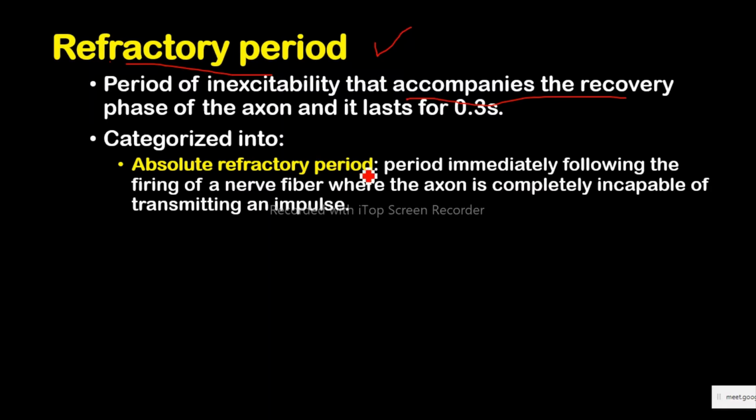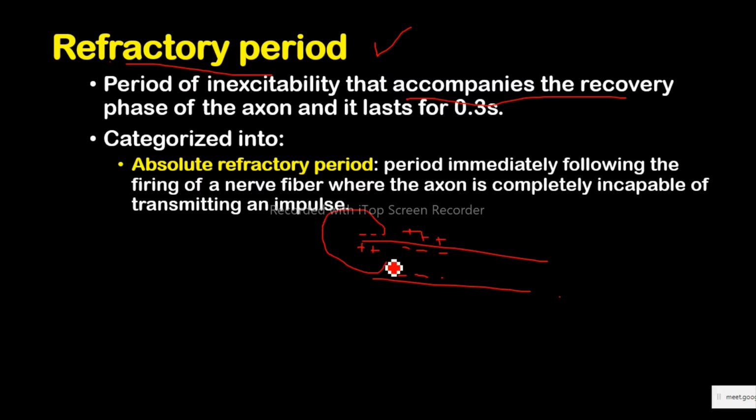We have said that if this is your axon, the inside will always be negative and the outside will always be positive. But when an action potential, when an impulse arrives, it reverses, and the inside becomes positive and the outside becomes negative.